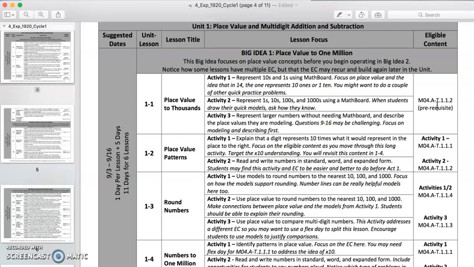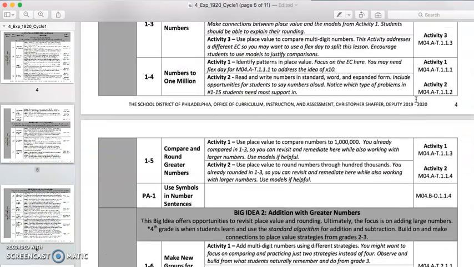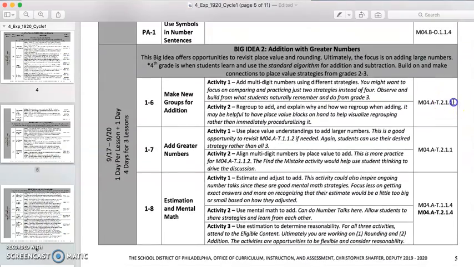So what I did over here was say, okay, for lesson 1.2, it has 2 different activities. These are the main eligible content for each activity. There's probably others that are aligned as well, but this is the focus. On day 1, there's only 1. A lot of times there's 2, but a lot of times there's also just 1. I'm hoping that is helpful as you try to focus your attention.